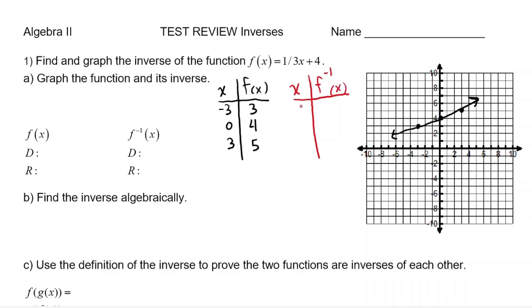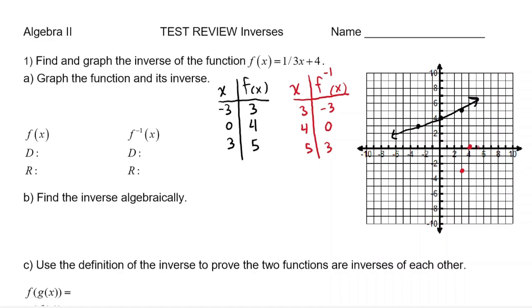So what we're going to do is flip these coordinates around and then graph. All right, so now we would get 3, -3. We would get 4, 0.